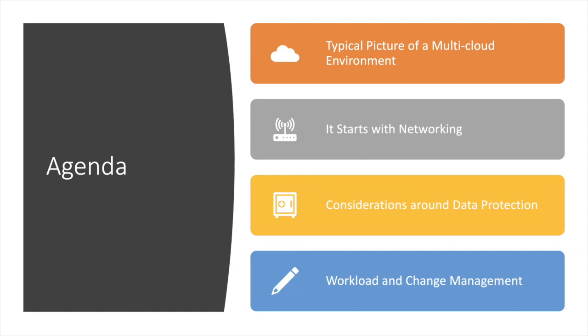We'll get into that a little bit when we talk about data protection and considerations around data. And then we'll have kind of a freelance conversation at the end about workload and change management. Specifically, we're going to talk about kind of the promise of Kubernetes and the reality of where we're at as an industry.